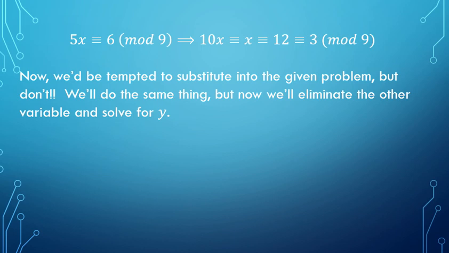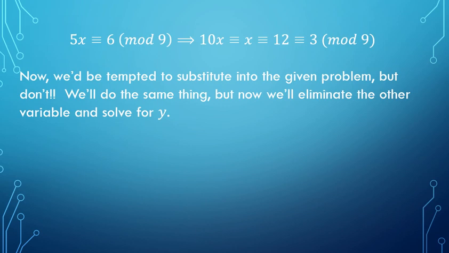But we're not going to do that here. You do not want to substitute your one known value back in when solving a linear congruence. It's not guaranteed to lead you to the correct value for your other variable.